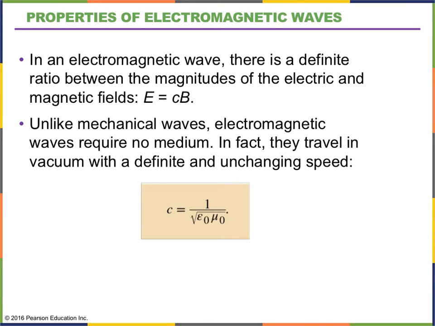There are two things that are also relevant that we find true about these fields. The ratio of the maximum magnitude of the electric field to the magnetic field, E to B, is always going to be the speed of light.